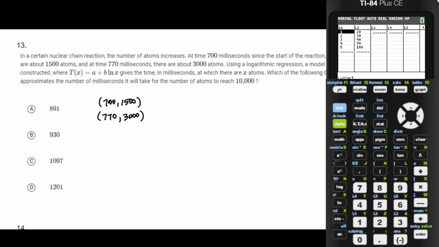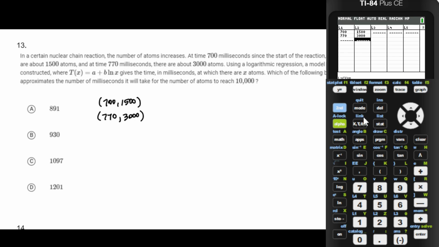Using a logarithmic regression, a model T is constructed. Okay, yes. So what we need to do is go in and edit the lists. So 700 and 770, and I'm going to delete and enter 1500, 3000.